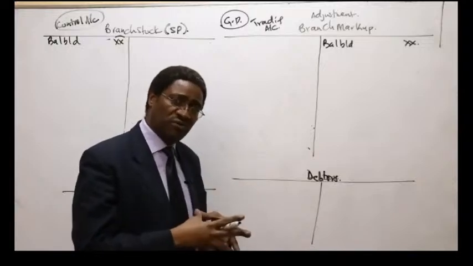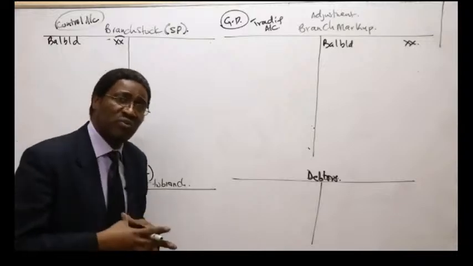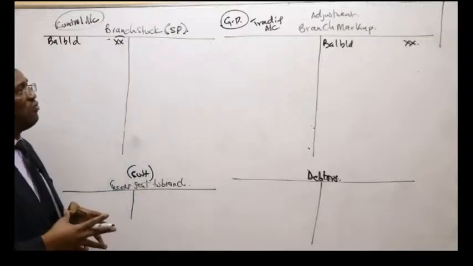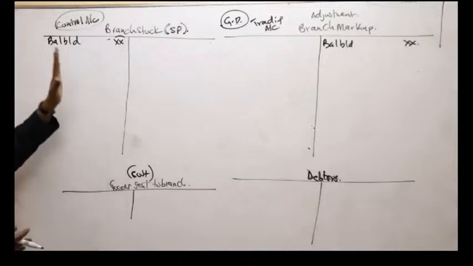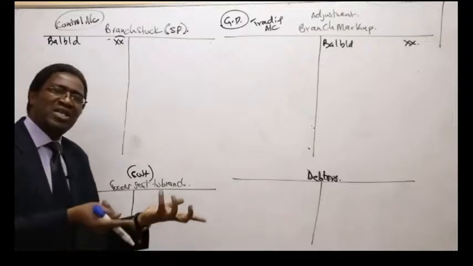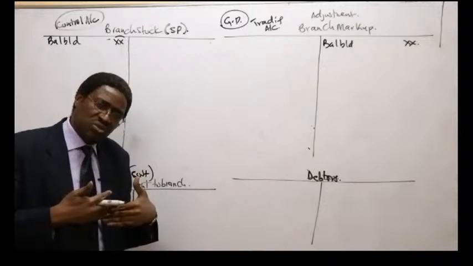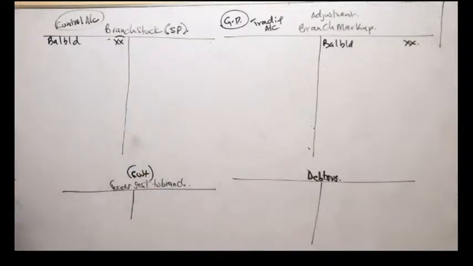It is you, the head office, who keeps the records on behalf of the branch. That's one of the main features of dependent branches. The other feature is that you as a head office pay for the expenses of the branch, and the branch also normally remits the cash. Once they sell the goods, they remit the cash to the head office on a daily basis.